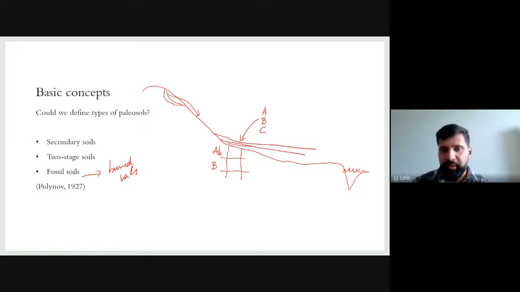So I buried a soil, and I have an overlying material that is also a soil, because it has horizons, it has peds, it has aggregates. So I buried an ancient soil that was formed on a surface.